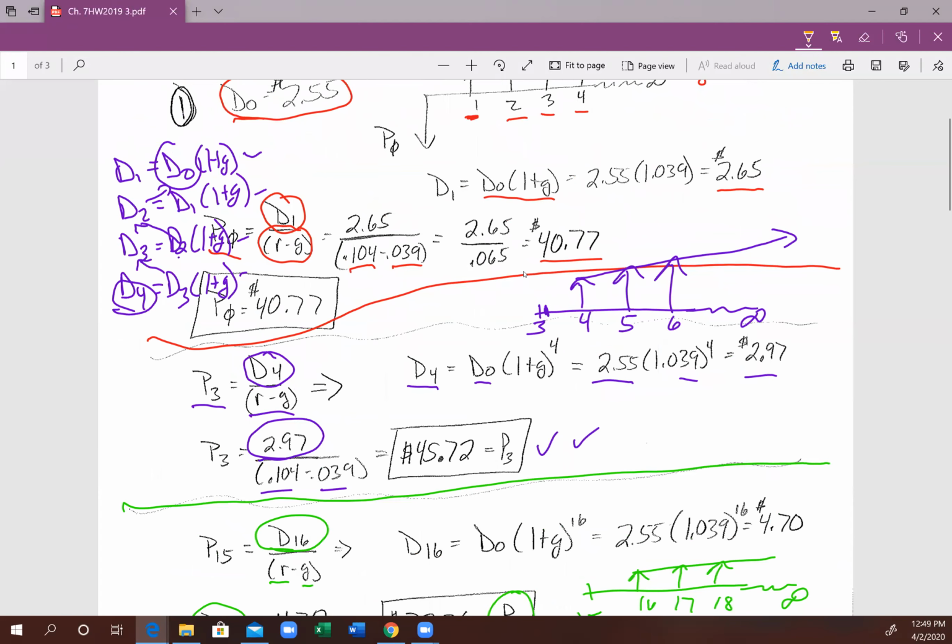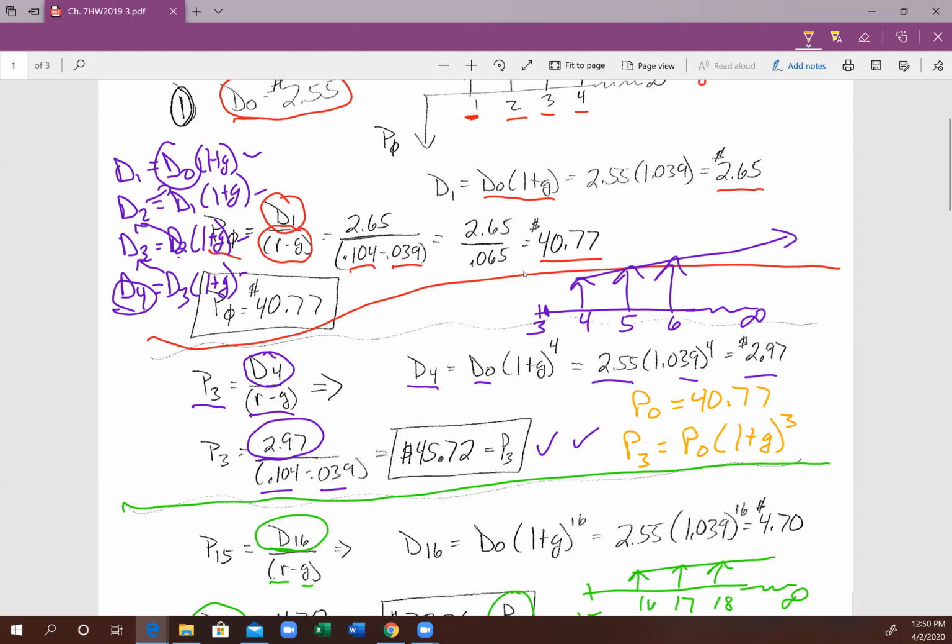If we knew that P0 was 40.77 and we wanted to find P3 using a shortcut, we could have just taken the 40.77, and now knowing that G represents an increase in the price of the stock, if the growth rate was 3.9%, we could have taken 1.039 to the third and multiplied it by 40.77, and we would have gotten 45.72.